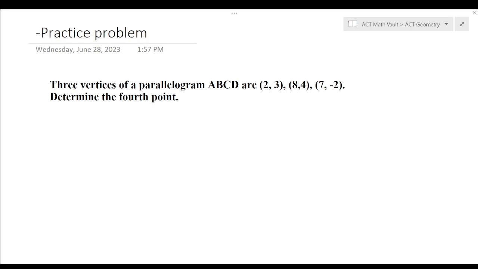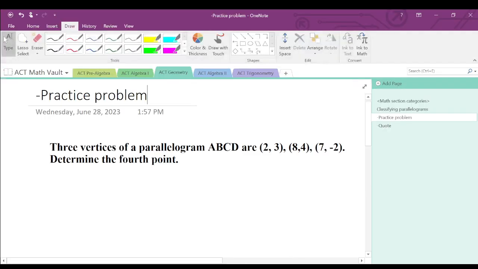I've seen this exact problem on there before, and just note that your answer choices are all going to be very similar. They're not going to be all strewn across the graph. They're all going to be very, very close to each other. So you really need to know your stuff in terms of either the distance or slope formulas for this. Just think about the fastest way to do that problem.